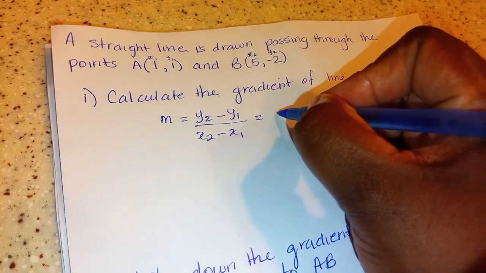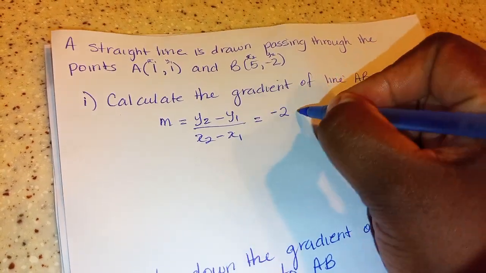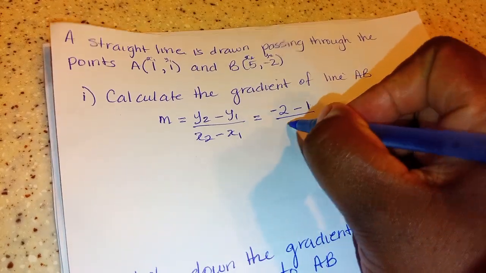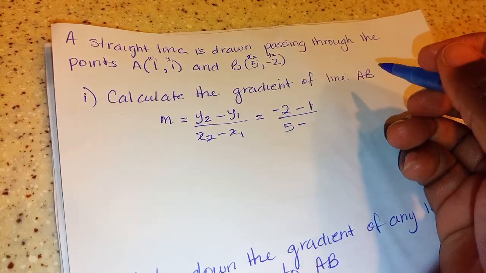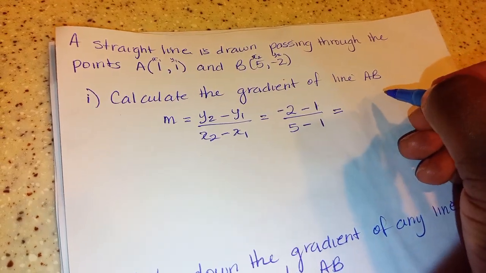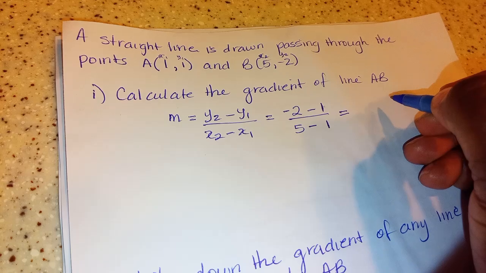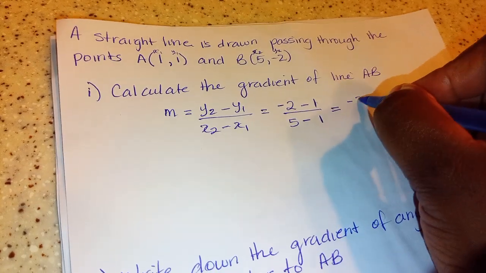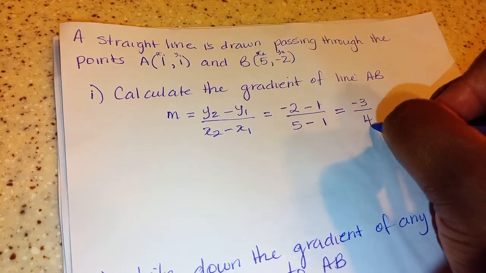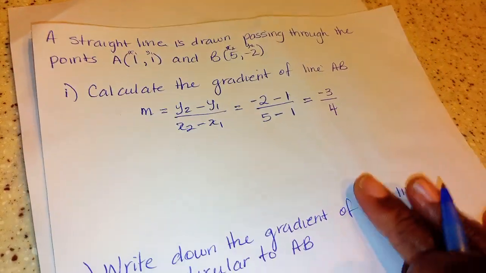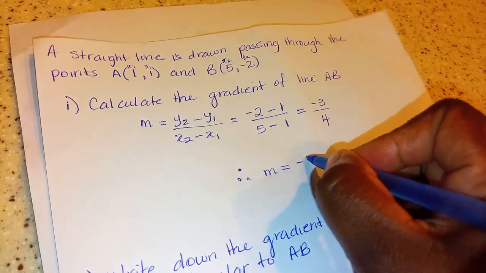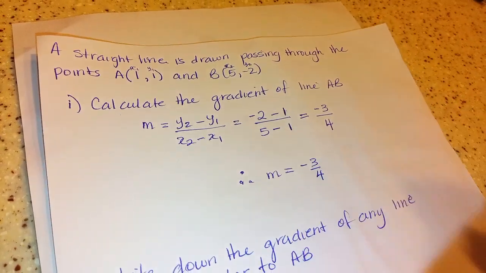So our y2 is negative 2 minus y1, which is 1, all over x2, which is 5, minus x1, which is also 1. Then we're going to perform our subtraction. Negative 2 minus 1 is negative 3, and 5 minus 1 gives us 4. Therefore, our gradient m is negative 3 over 4.